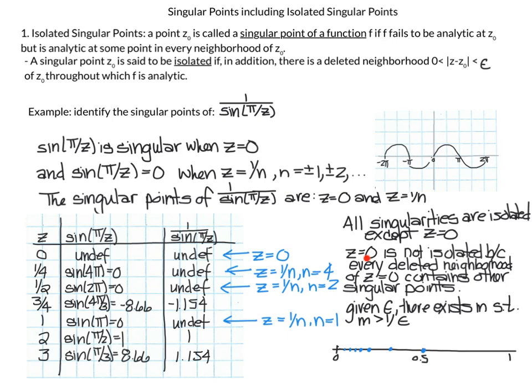But this won't work for 0. So 0 is not isolated because every deleted neighborhood of z equals 0 contains other singular points. Remember, the singular points get really compact by the time you get to 0. So given an epsilon, there always exists some m greater than 1 over epsilon that will include a singularity.